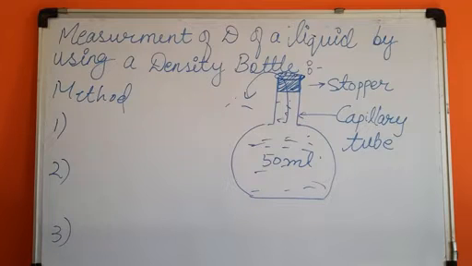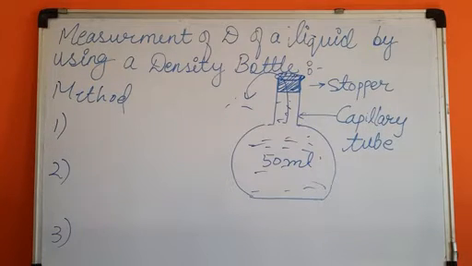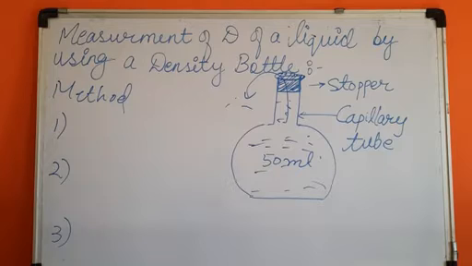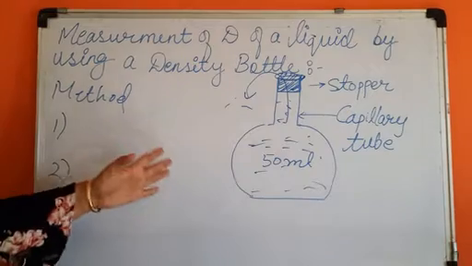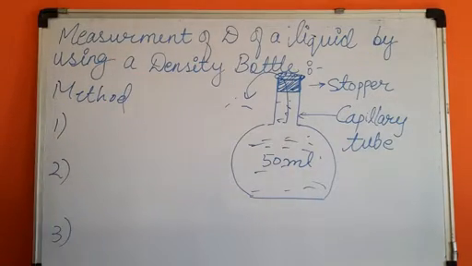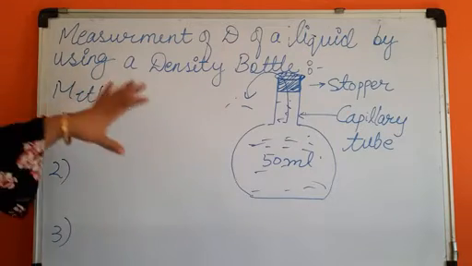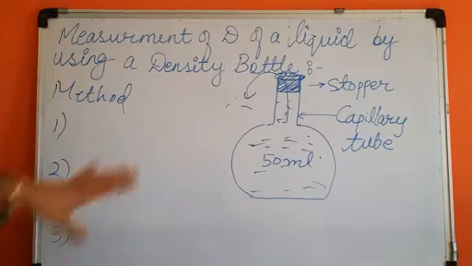This in turn ensures that the bottle contains an equal volume of liquid. It can be water or different liquids like kerosene oil, brine solution, alcohol, etc. Now we have to follow these steps for doing this practical.